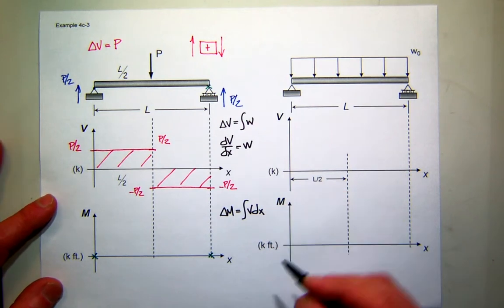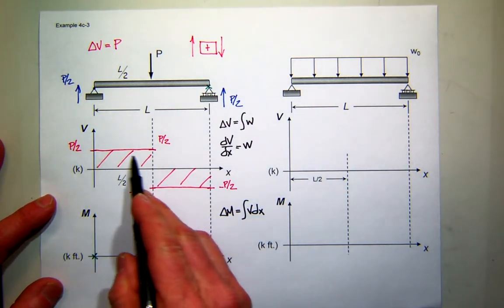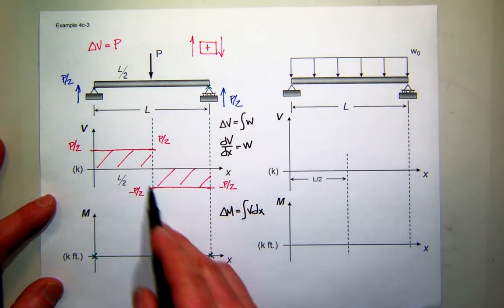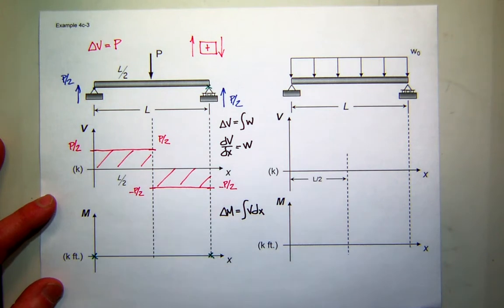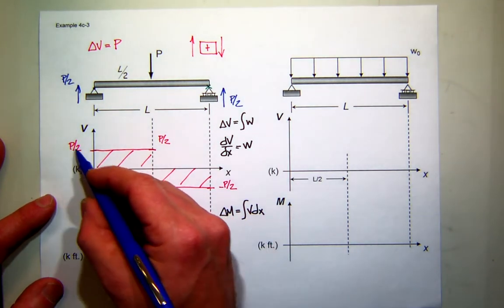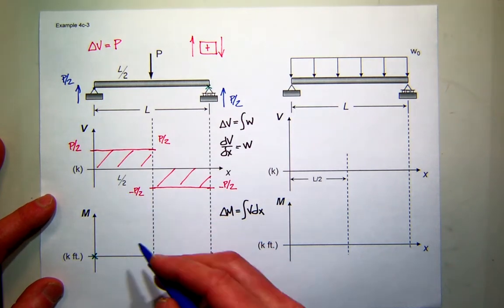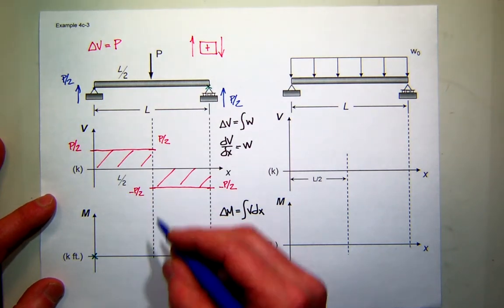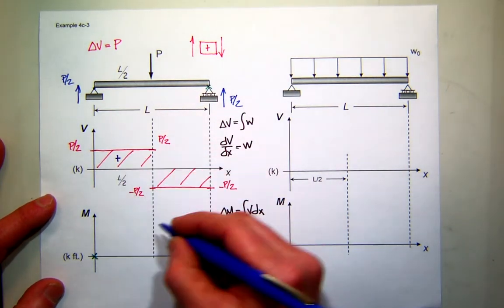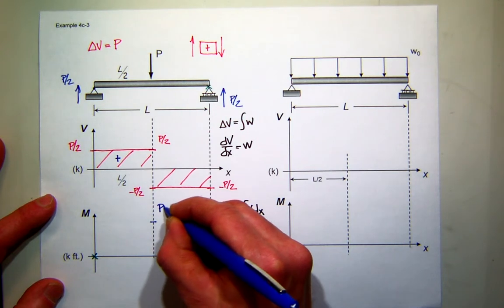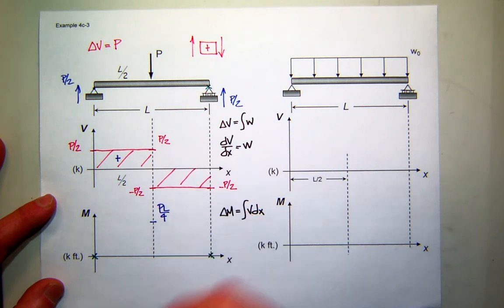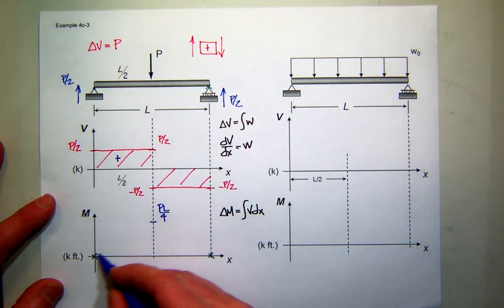So let's apply that. So this is a nice area I can deal with. What is the area under the shear diagram? It looks like a rectangle. So it would just be P over 2 times L over 2, which is PL over 4. And that's positive area, so we should go up to PL over 4. What's the slope of this line?